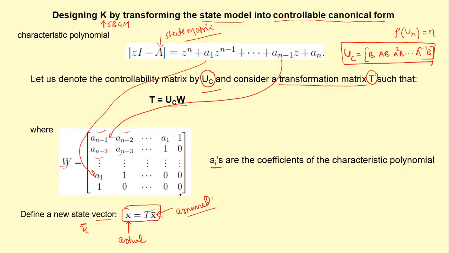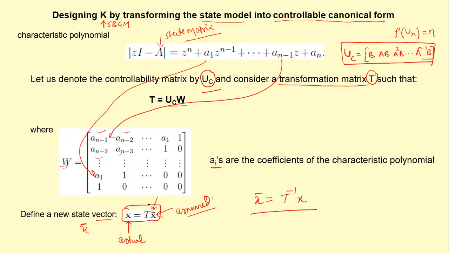We have used the transformation matrix, so we can say that x bar is equal to T inverse x, right? So this x bar is the controllable state vector, you can say.